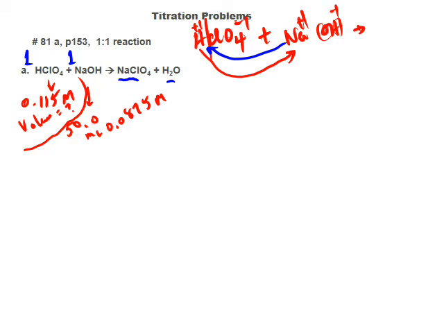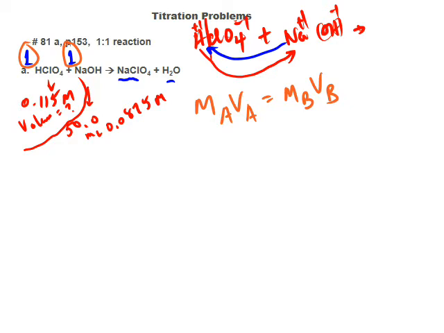It is the same molar ratio. If I had 1, 1, 2, 2, that's also the same molar ratio. We can apply the formula. Molarity of acid times volume of acid equals molarity of base times volume of base.